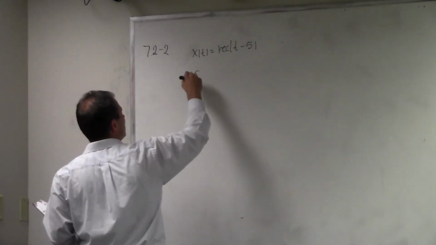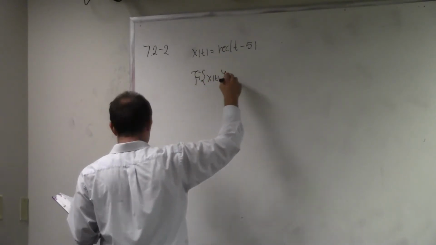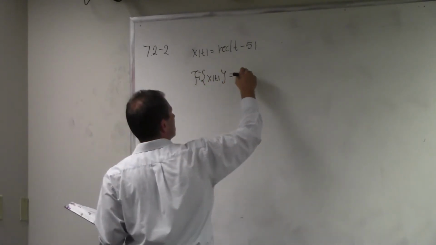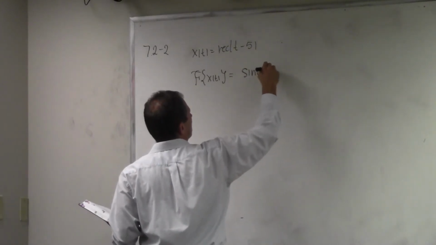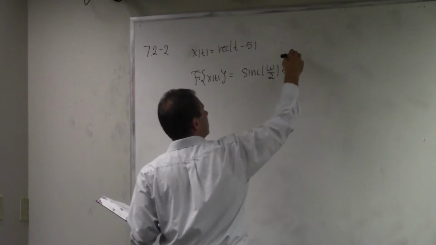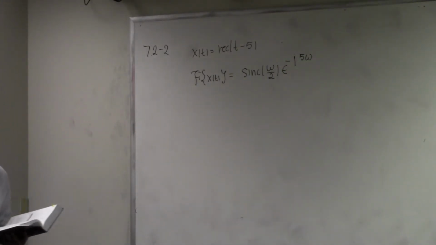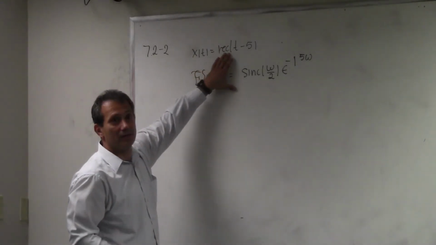It says show that the Fourier transform of x of t is equal to sinc of omega over 2 times e to the minus j 5 omega. Sketch the amplitude and the phase spectrum. Okay, just sketch. So this we know in general, right?